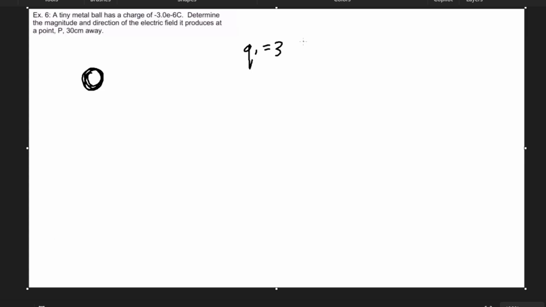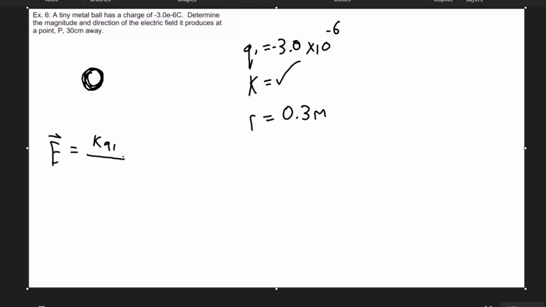So a tiny metal ball has a charge of 3.0 times 10 to the negative 6. We know what K is. And the radius, it says 30 centimeters, but we gotta use meters, so that'll be 0.3 meters. And then the electric field is equal to KQ1 over R squared.